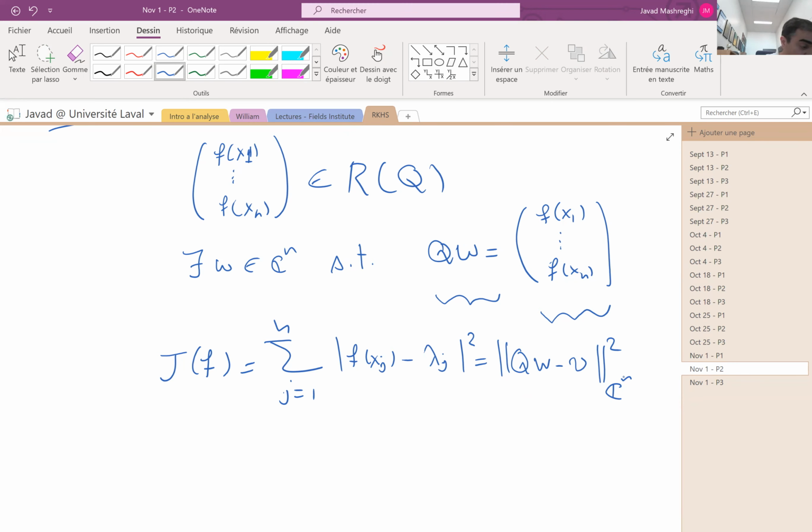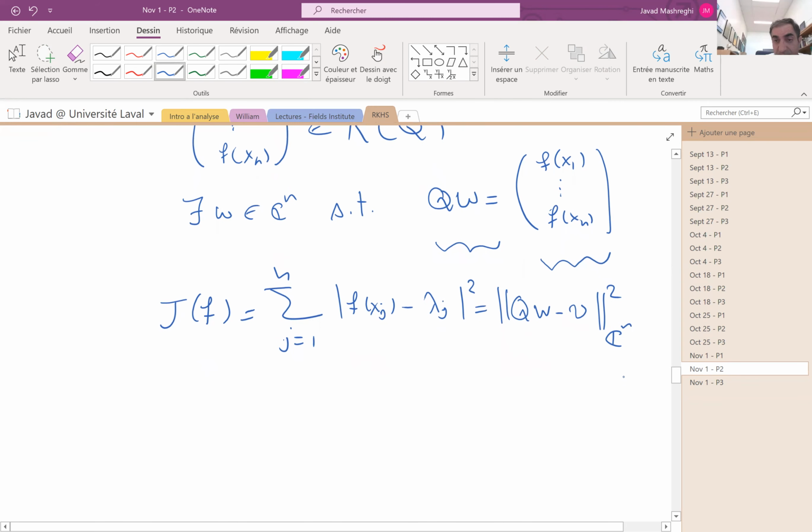V is the vector lambda 1 up to n. Look, V is fixed, W is changing because our function f is changing. When the function f changes, this W here changes too. And so we have different combinations here with V fixed and W changing.